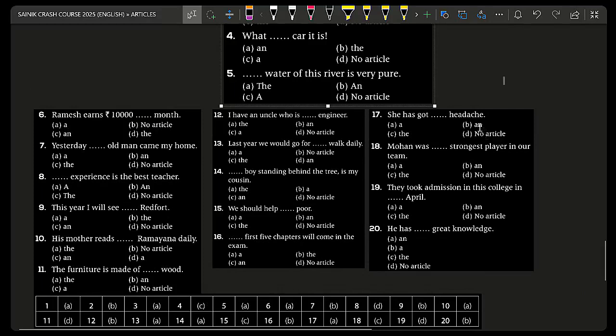So I gave you along with the answers. So you can try these questions and use them for practice for weekly tests on Sunday.